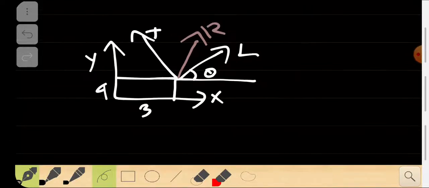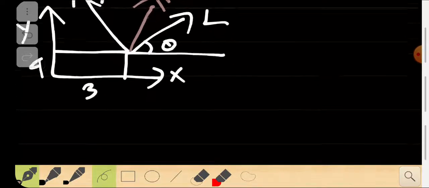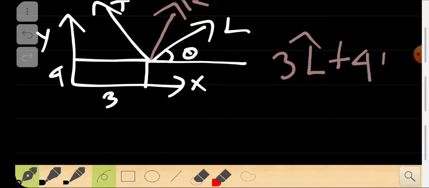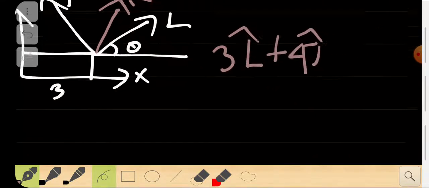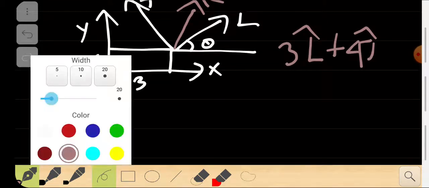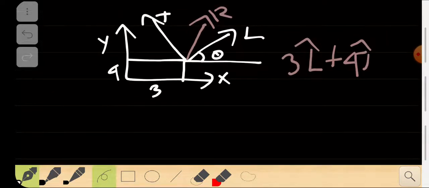So if you have the same equation, 3L cap plus 4J cap, all you need to do is introduce this system as, say, x, the origin has now shifted.